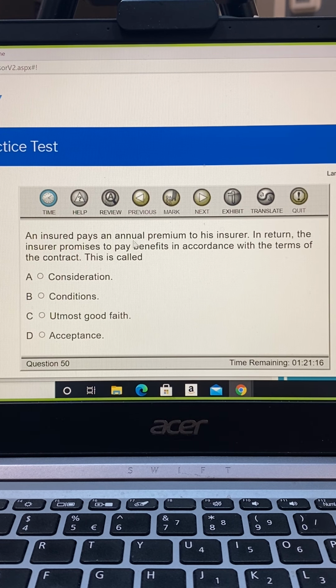That's consideration. Well, the promise to pay is called the insuring clause. So let's go with consideration, I guess. Or it might be acceptance, because they paid, and the insurance company took the money and said, now we're going to pay you if you die. Let's go with acceptance. If it's wrong, they'll tell us later.